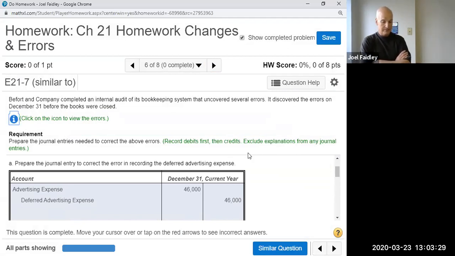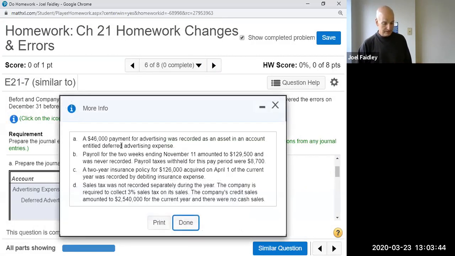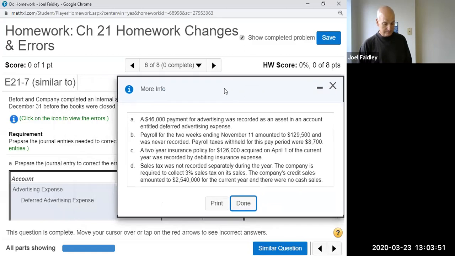I don't know what deferred advertising expense is, but that apparently was an asset. So we're going to credit deferred advertising expense, the asset, and debit advertising expense. There it is, $46,000 paid for advertising recorded as an asset in an account entitled deferred advertising expense.